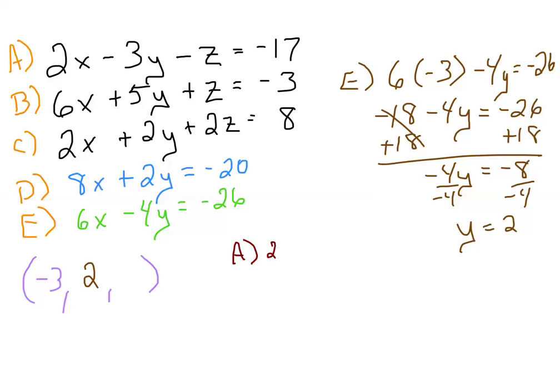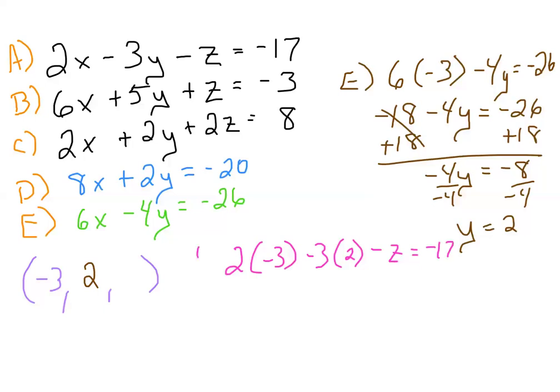So I get 2. And that color's too close. Hold on. I like to keep my colors separate. So I get 2 times -3 minus 3 times 2 minus Z equals -17.